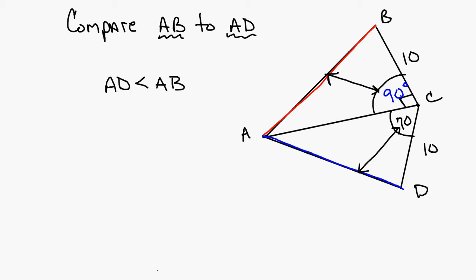They'll give you the same type of picture and ask you to compare angles. So let's say you get this picture. MNO, Q. And again, you've got two triangles.